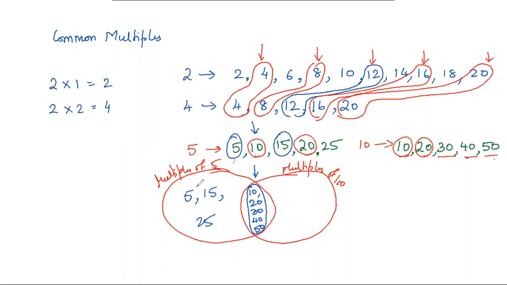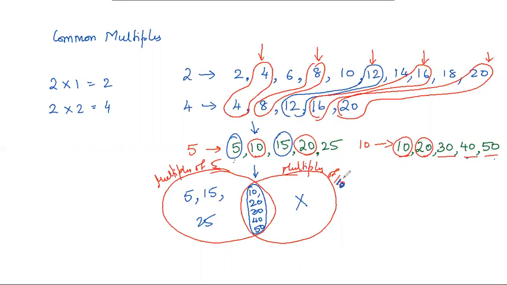So this space is specific to multiples of 5, and these numbers should not be multiples of 10. Same way, this space is specifically for those numbers which are multiples of 10 and not 5. But typically you have nothing in this space, correct? Why is that so? Because multiples of 10 are also multiples of 5.